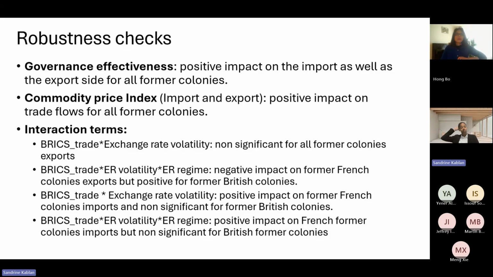So we can see that there is an impact, in the sense that the negative impact for former French colonies can be explained by the fact that French colonies have to accompany their anchorage with restrictive trade measures. At the end of the day, it has a negative impact on trade. And this is consistent with the data we saw, because trade flows for French colonies are much lower than trade flows for British former colonies. So we did the same.